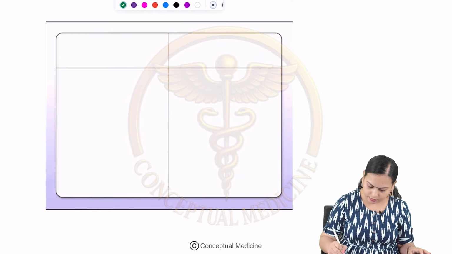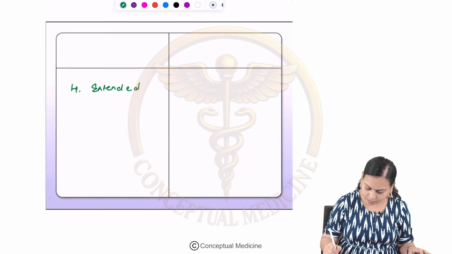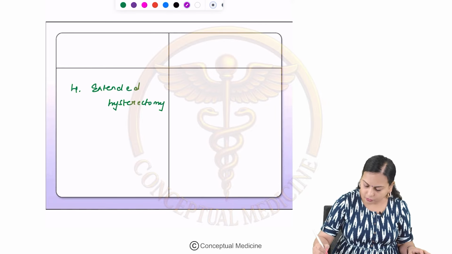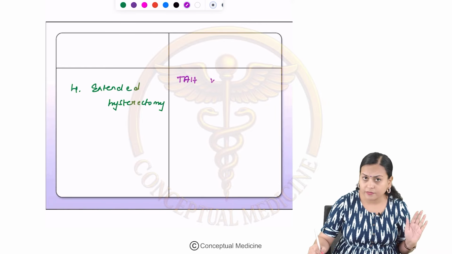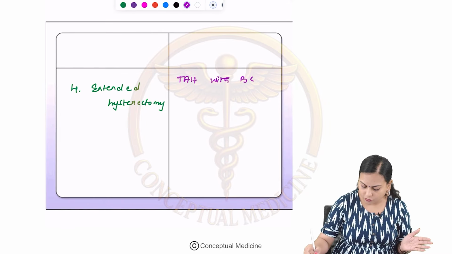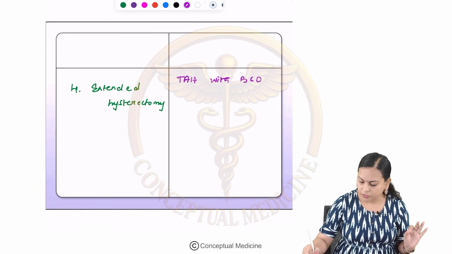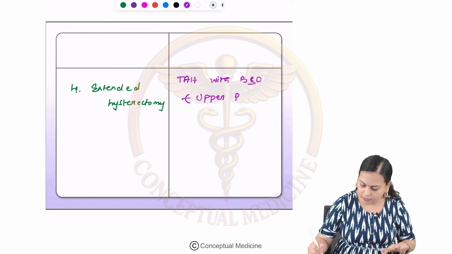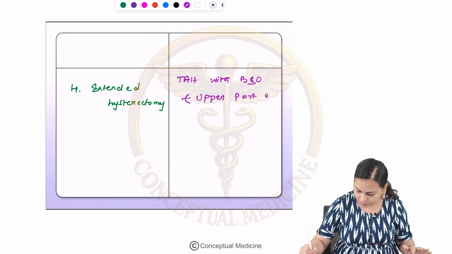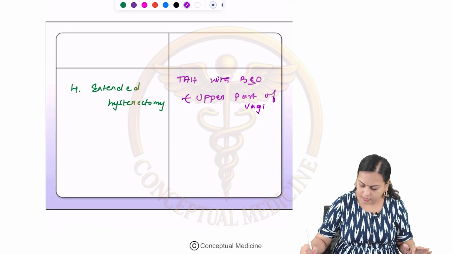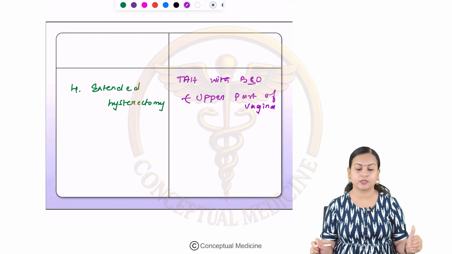And the next one is an extended hysterectomy, where you will do total abdominal hysterectomy with the bilateral salpingo-oophorectomy, and also you will remove the upper part of vagina. Upper part of vagina, that is extended hysterectomy.